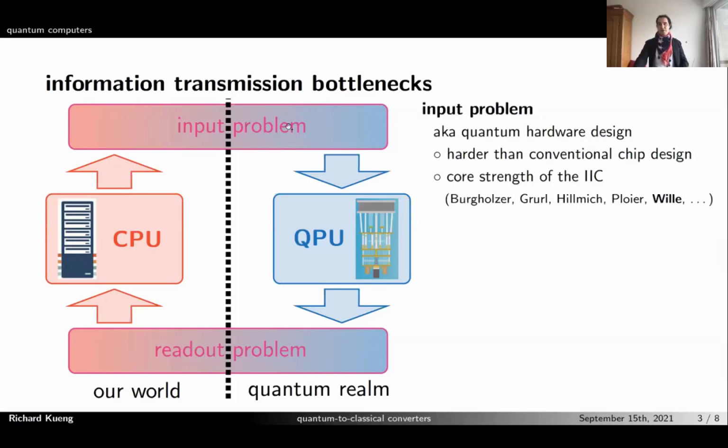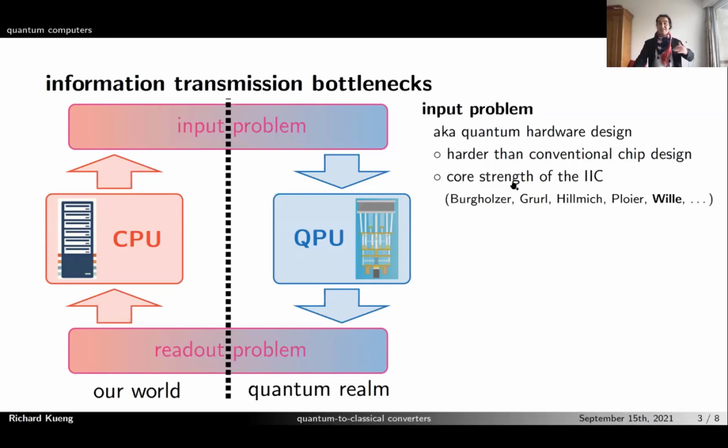The first one is essentially a quantum hardware design problem. It shouldn't surprise you that because quantum mechanics is complicated, quantum hardware design is a bit harder than conventional chip design. But I'm also proud to tell you that this is actually one of the core strengths of our institute, the Institute of Integrated Circuits.